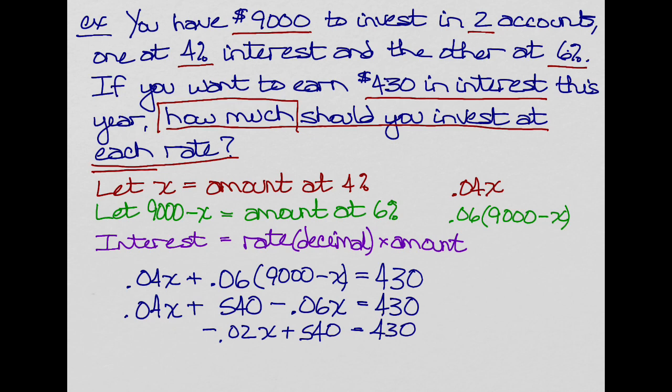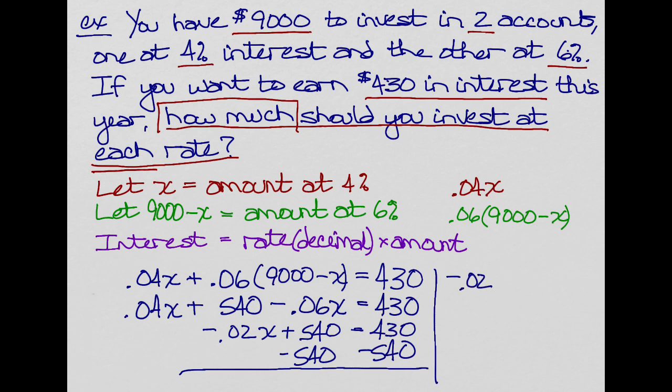And now we'll subtract 430 minus 540. So I got negative 0.02 x equals negative 90.